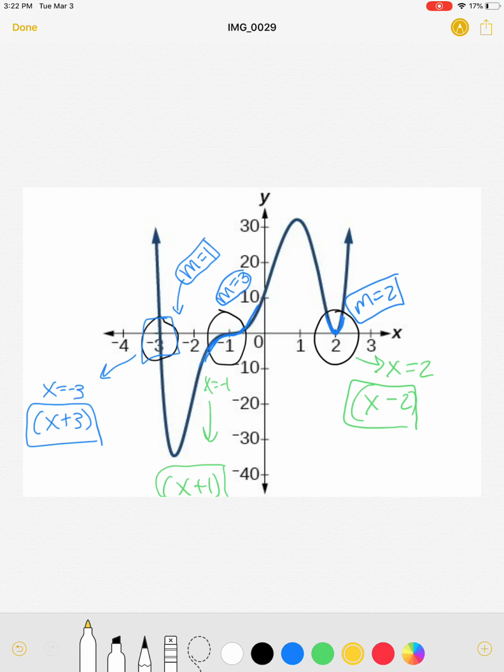Now, this is only 3 zeros here. 1, 2, 3. 3 factors, right? Clearly, this function is not degree 3. Based on end behavior we learned yesterday, this has got to be an even function. So where is that coming from? Well, let's see.